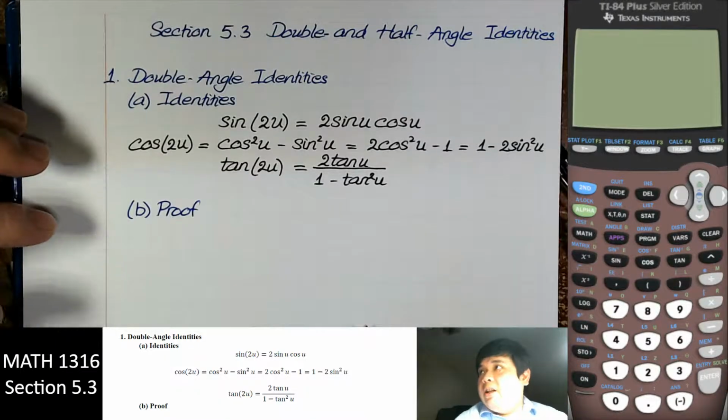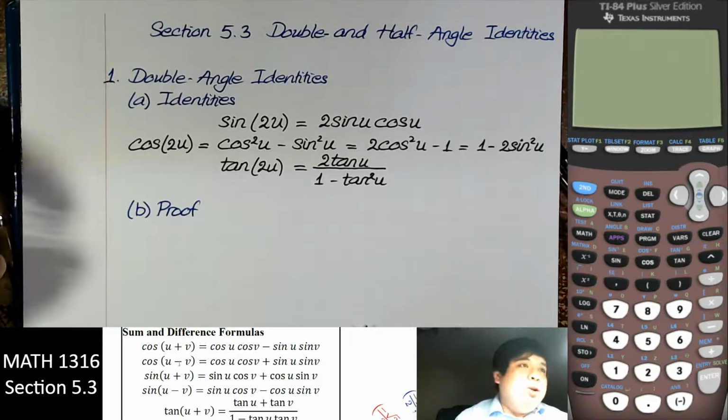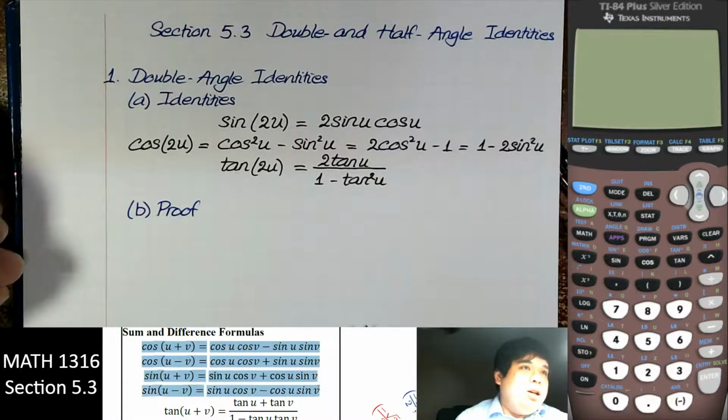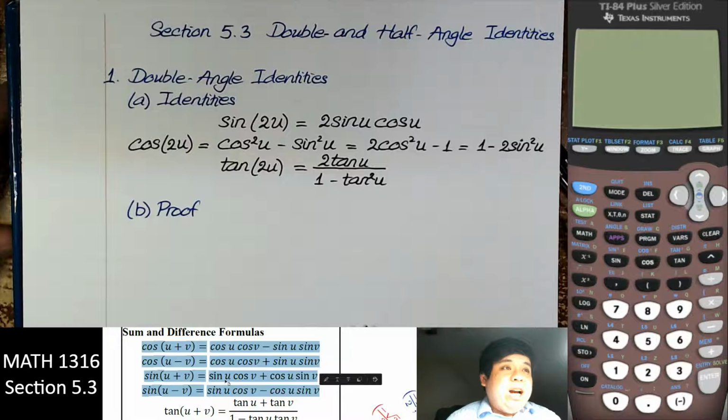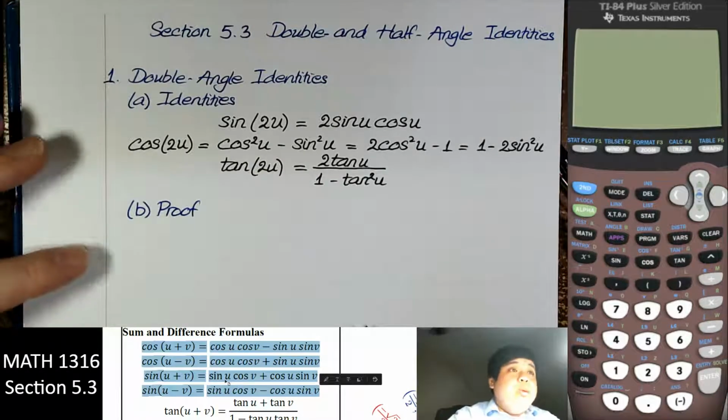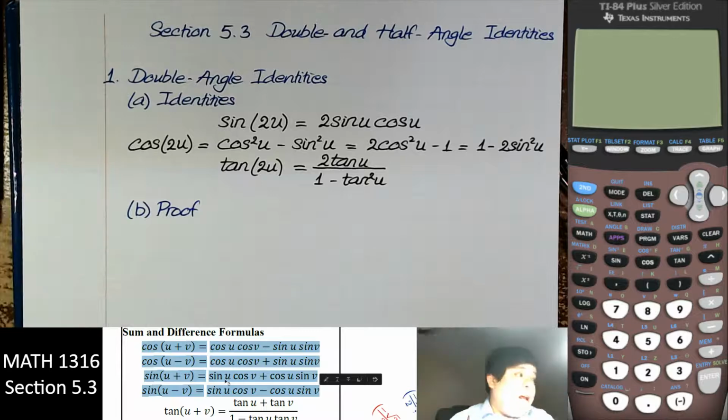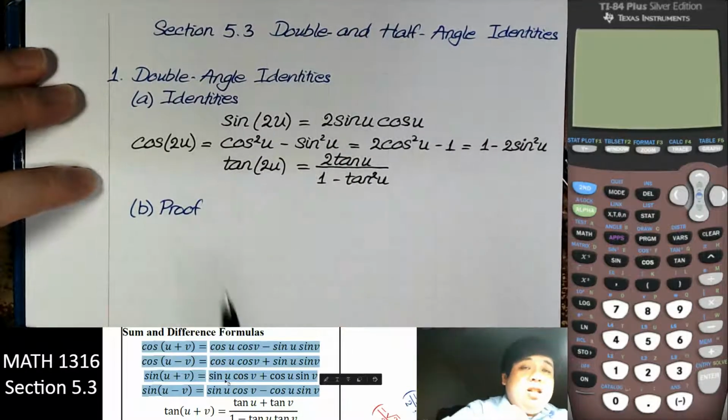So to prove that, we have to use these formulas. By the way, I did mention on Tuesday that if we have to memorize some trig identities, those are the ones that we should memorize, because those would be very difficult to prove. This is very easy to prove.